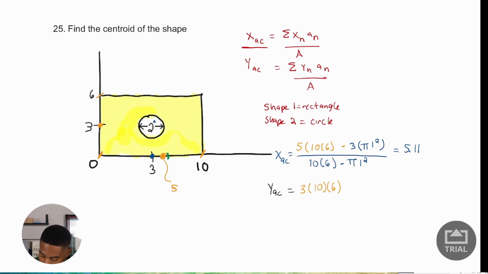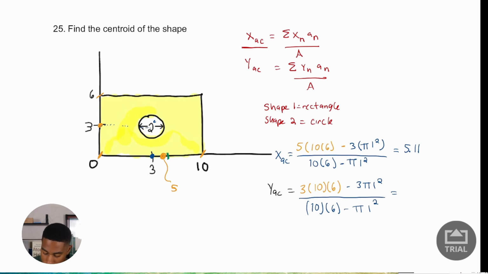And then what is the center? Where is the center? The y component for the circle. Well, it's also at 3. You just look over. That's going to be the center, so 3. All right, so minus 3 pi 1 squared, and that's what our a sub n is. It's the area of our circle. All right. We take that and we put it all over the area, which is again going to be 10 times 6 minus pi 1 squared.